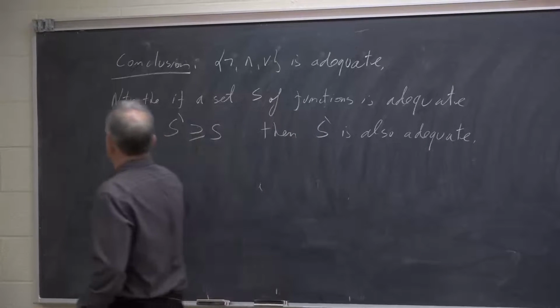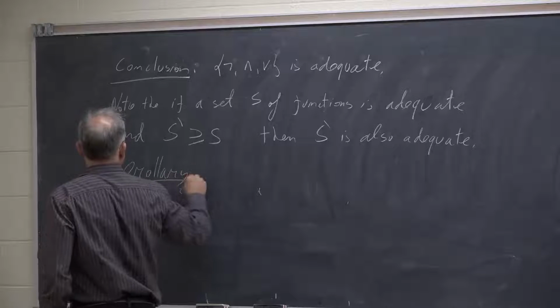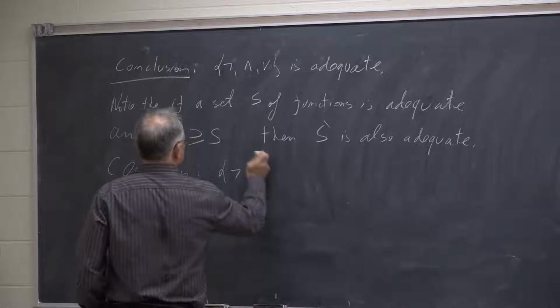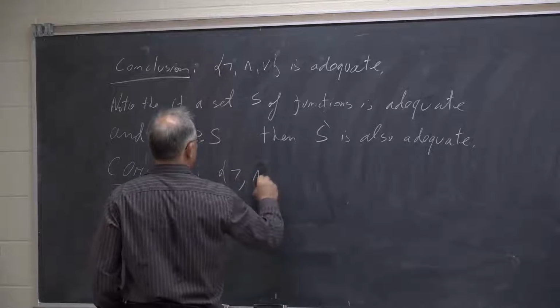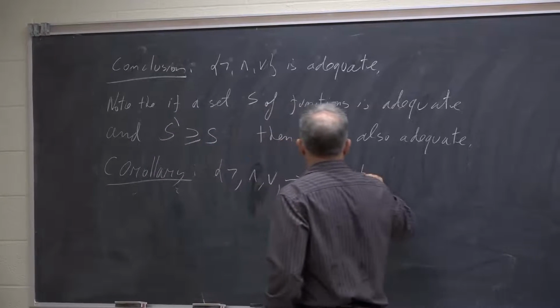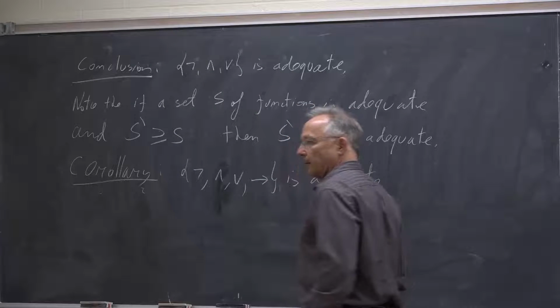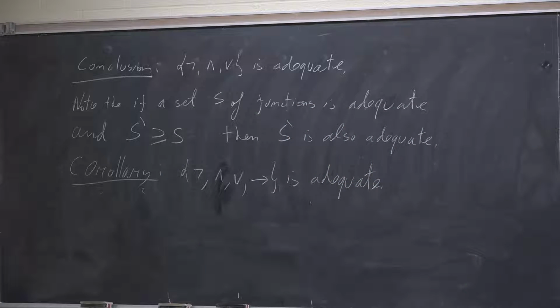So the corollary from this is that the system that we used is adequate, because it's a superset of an adequate system.